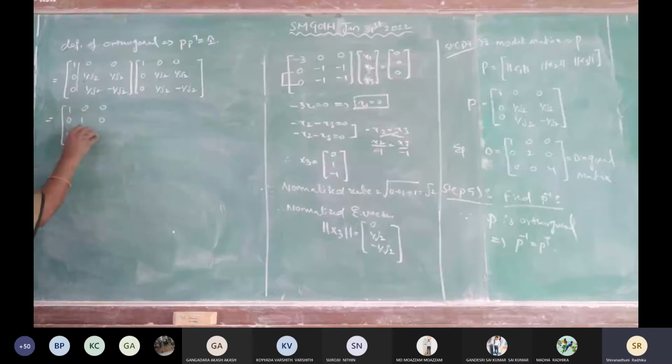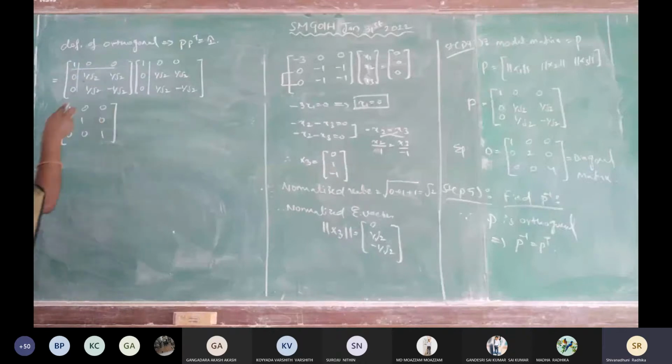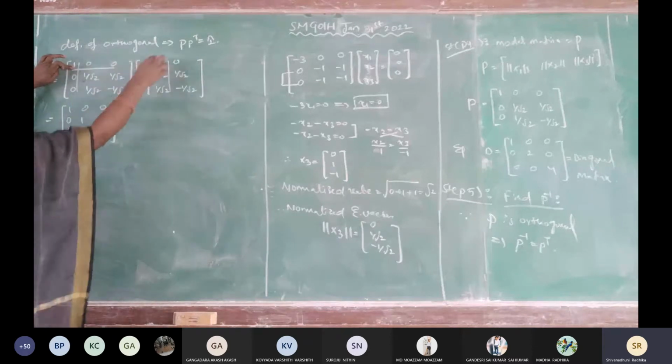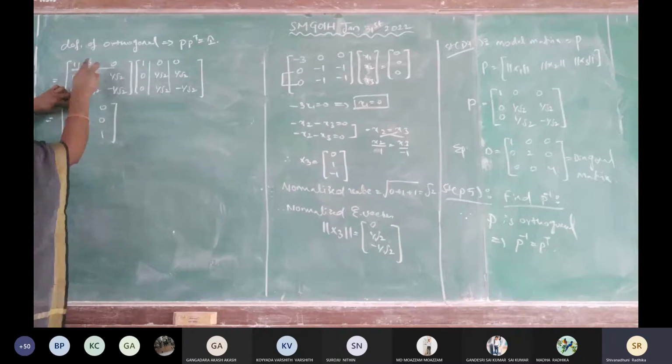You can check, we are getting the orthogonal only. Just we have to check it out. Here first row into first column, 1 into 1, plus 0, plus 0, that is 1. Next, first row with the second column, 0, 0 and 0, this is the 0.